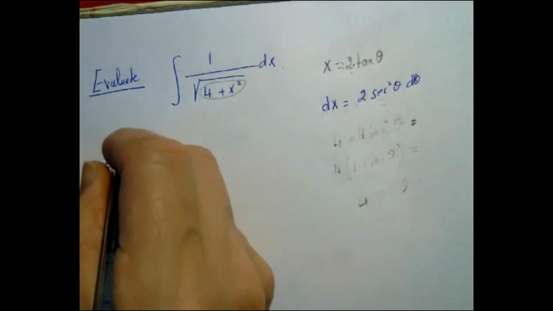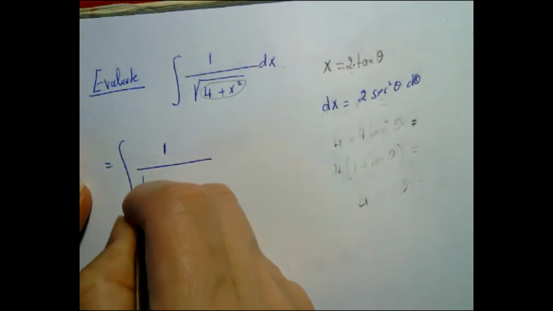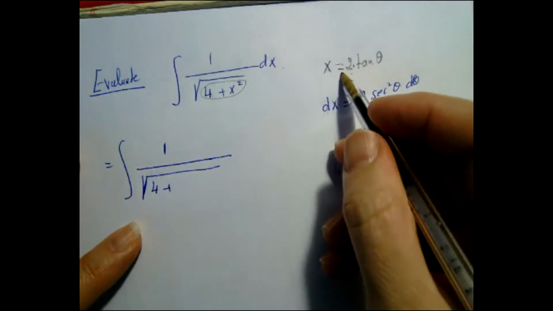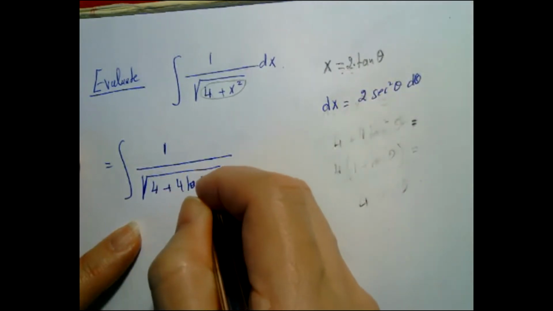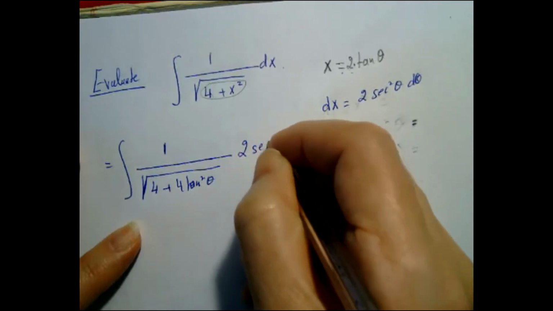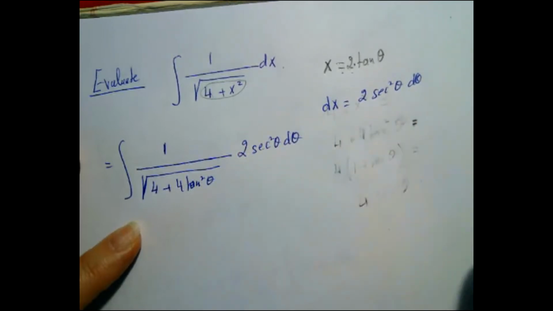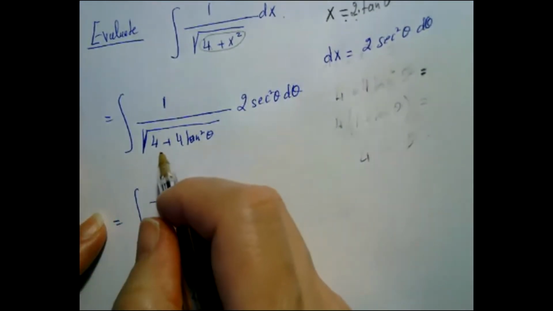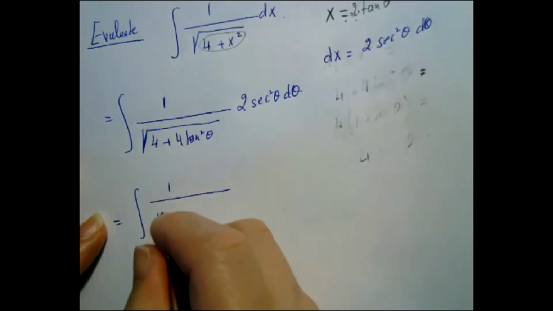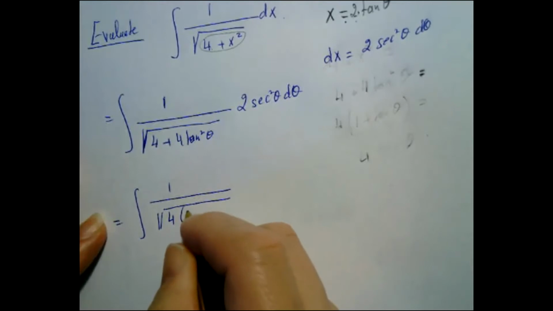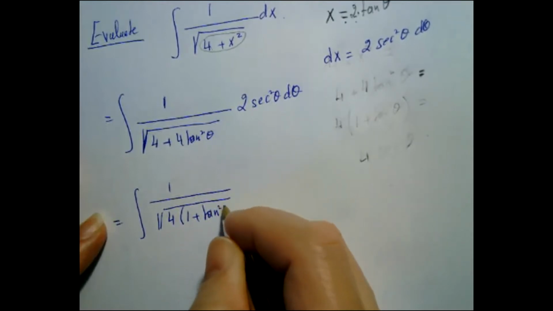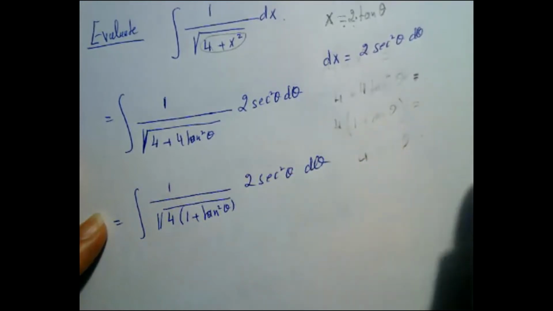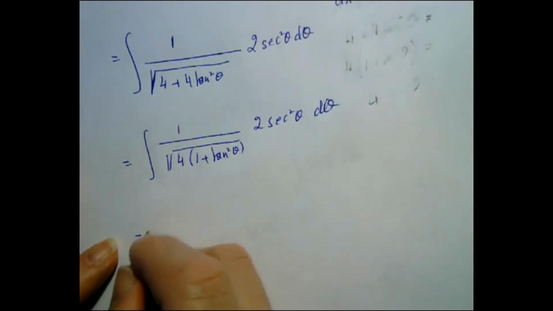And this would become the integral of 1 over the square root of 4 plus 4 tangent squared theta, times 2 secant squared theta d theta. So now the rest will be much simpler.